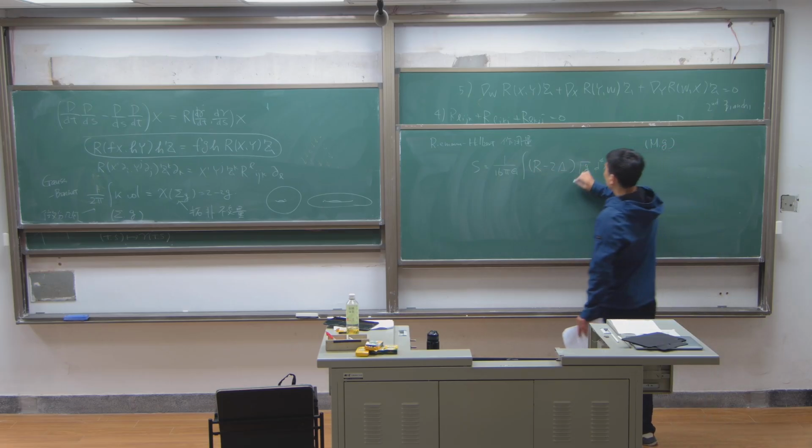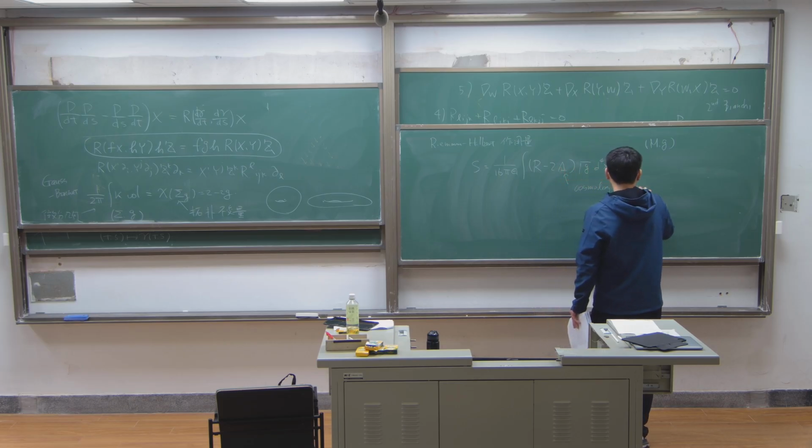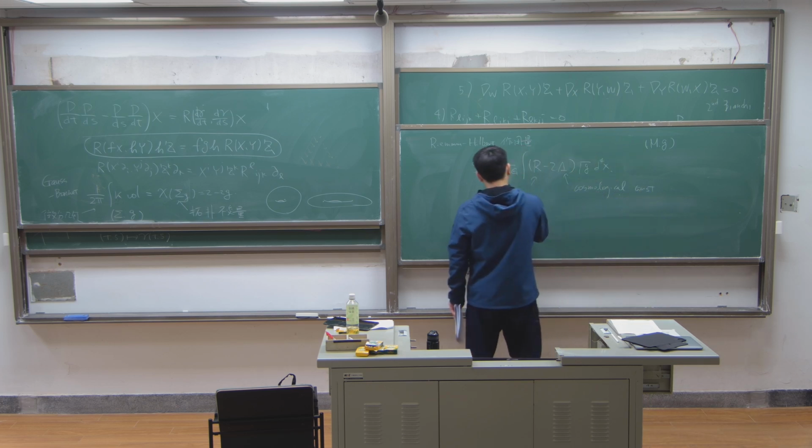This is called the cosmological constant, and this is the scalar curvature.